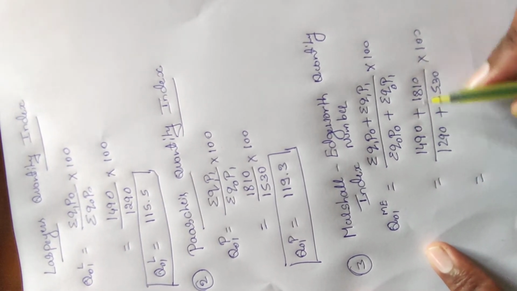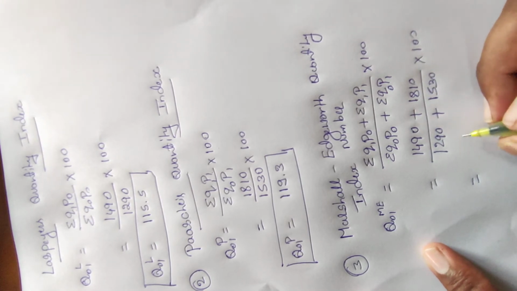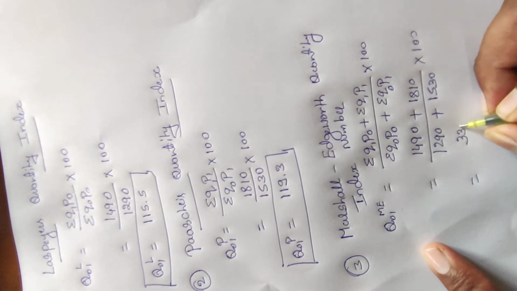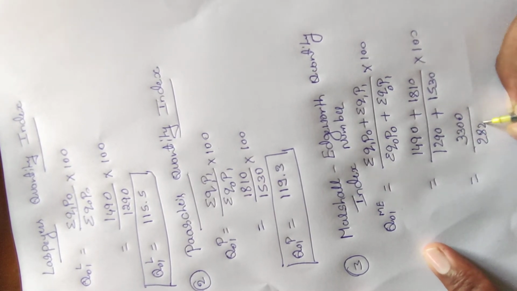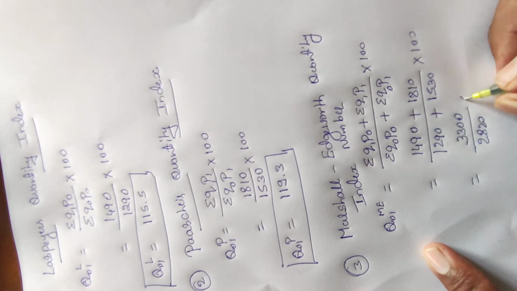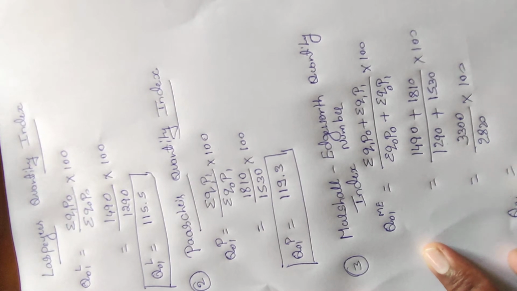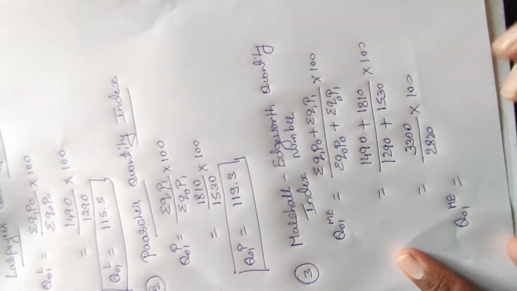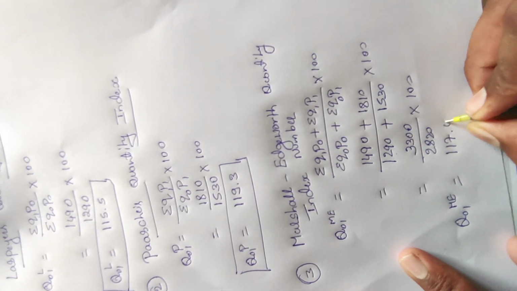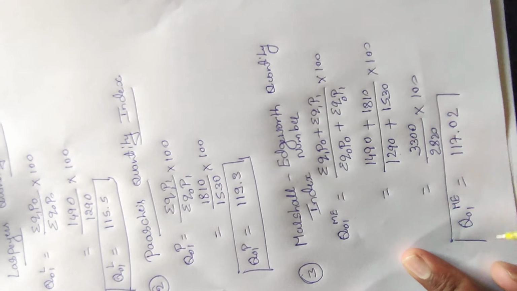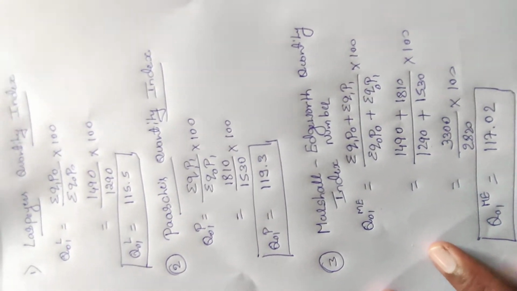First we add 1490 plus 1810, which gives 3300, divided by 2820, into 100. If we simplify this, we will get the final answer 117.02. Okay students, this is the way of solving the Marshall-Edgeworth quantity index number.